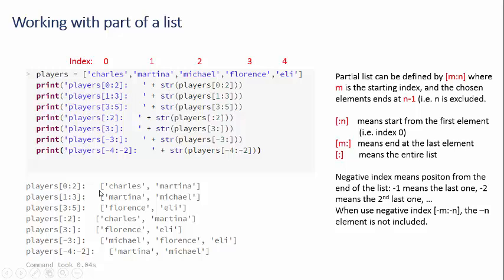Then we can see players 0 colon 2 will only return Charlie and Martina, those two names.